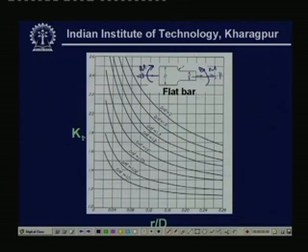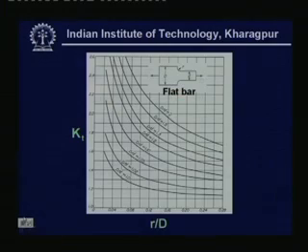Of course, in that case it would not be KT, but you will define it as KTS. Anyway, any standard design data book will give you such series of curves from where you can estimate the values of the stress concentration factor depending upon your need.